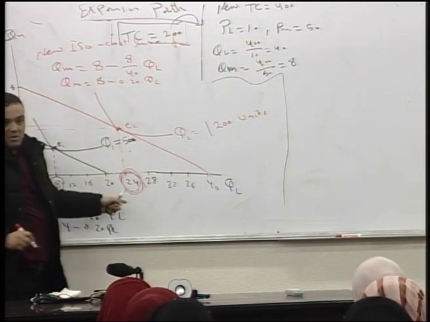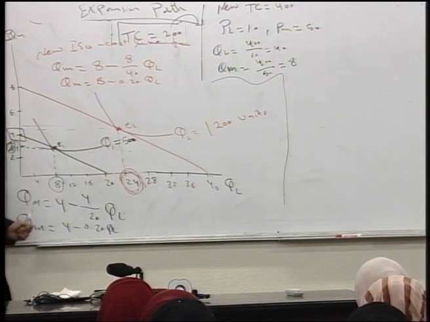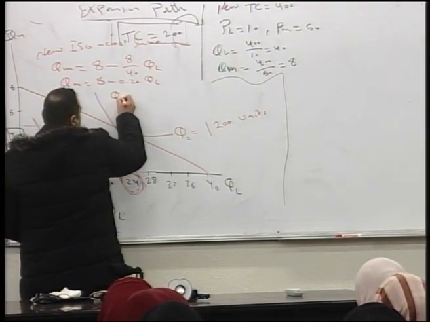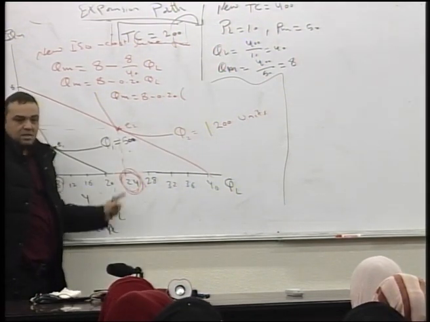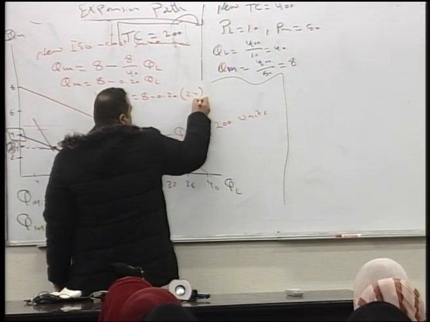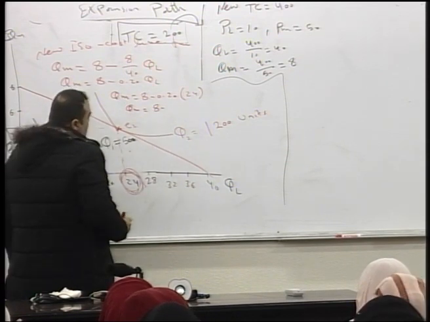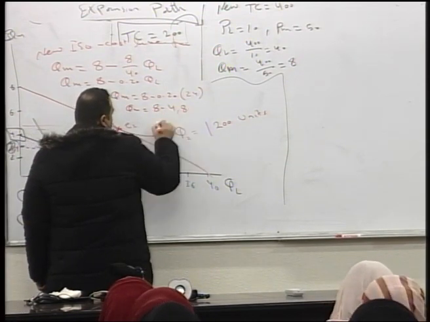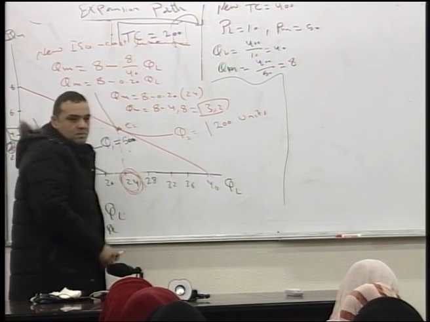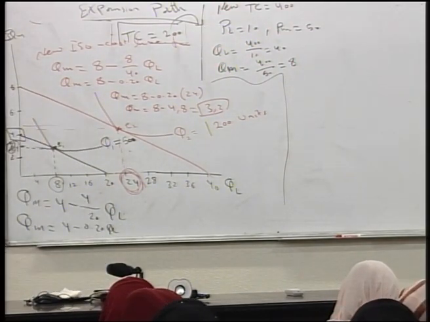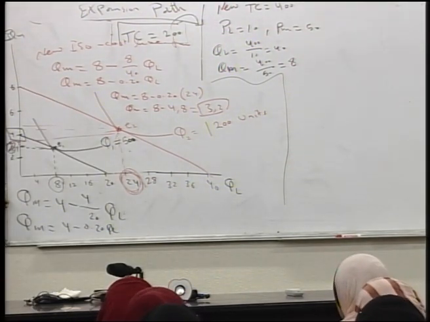At the new equilibrium, QL equals 24. So QM equals 8 minus 0.20 times 24. How much is it? QM equals 8 minus 4.8. So QM equals 3.2. So here should be below this point.